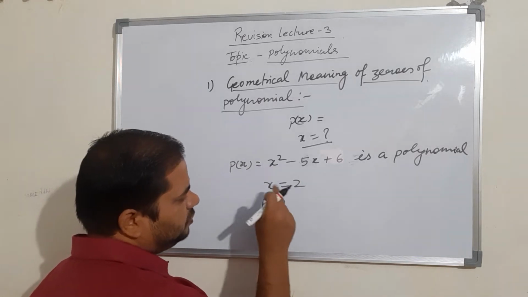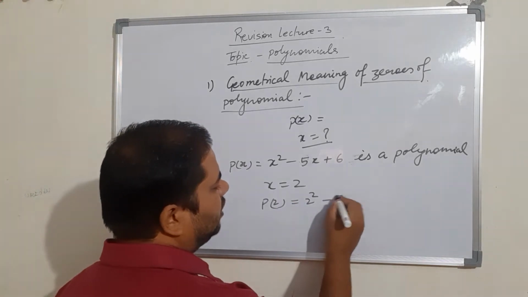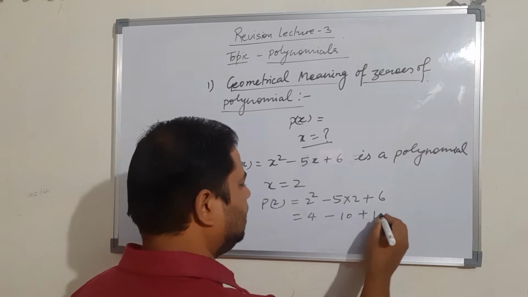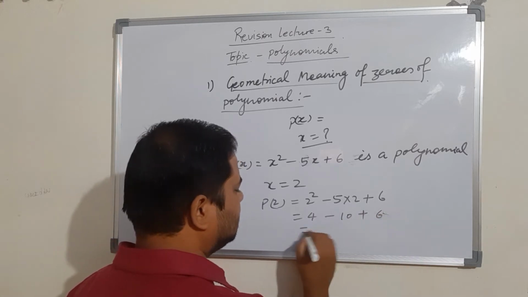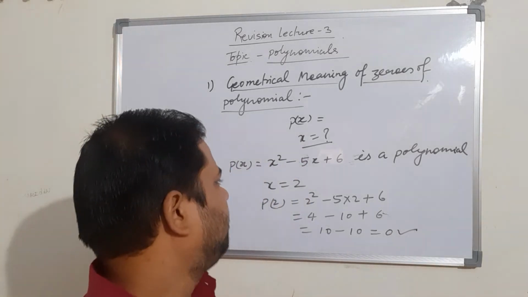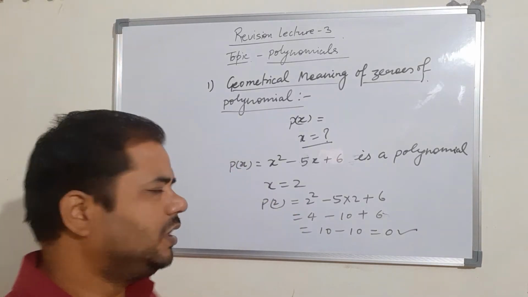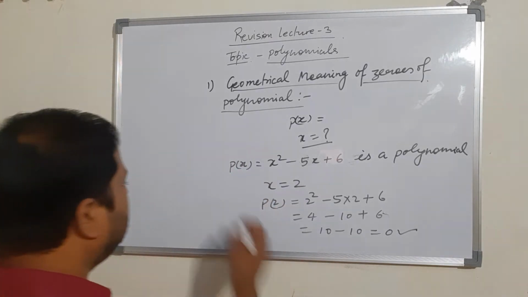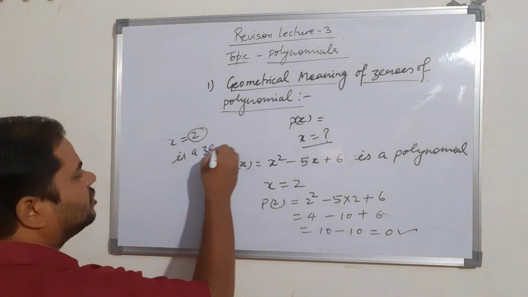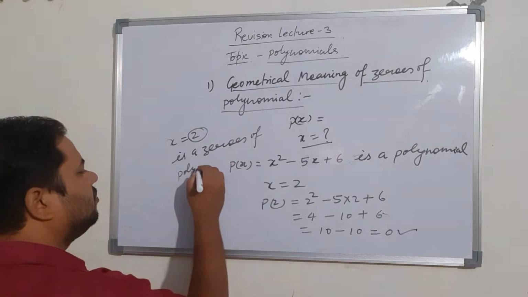So p(2), putting the value of x in this polynomial, we get 2 square minus 5 into 2 plus 6. This is 4 minus 10 plus 6. Then this is 10 minus 10, and this is 0. That means this value of x satisfies this particular polynomial. Hence, x is equal to 2, that is, 2 is the zero of the polynomial.